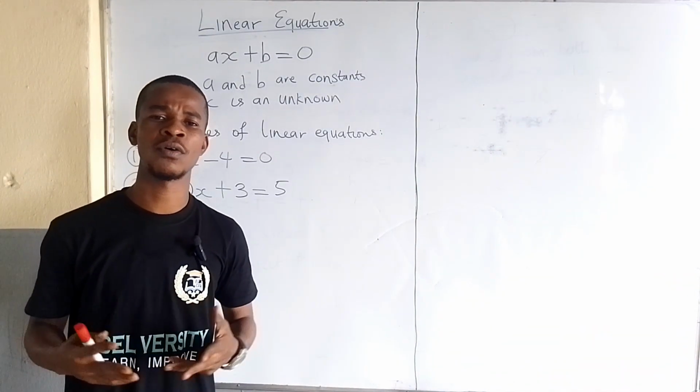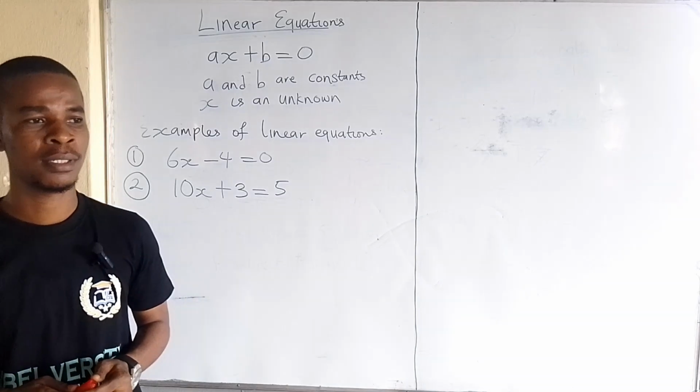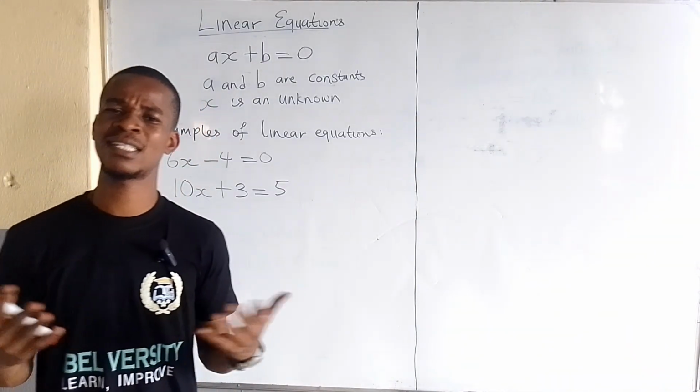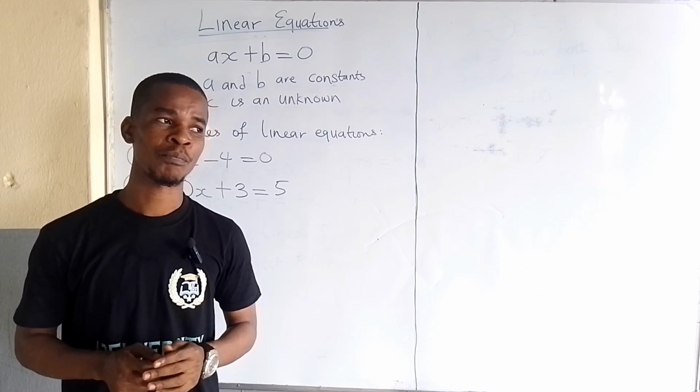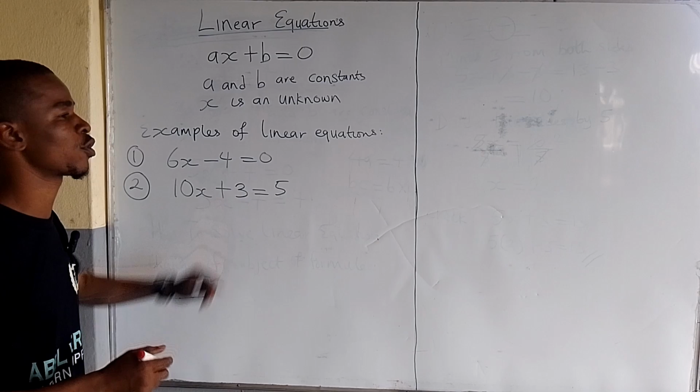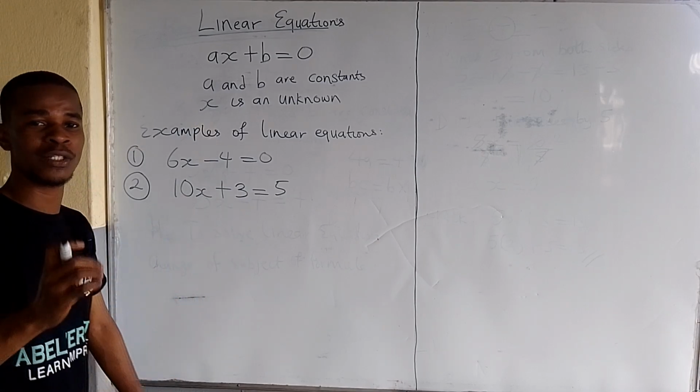Now, how do we solve linear equations? Linear equations are, I will say, some of the easiest forms of equation to solve. Why? Because all you have to do to solve linear equations is to make x the subject of the formula.